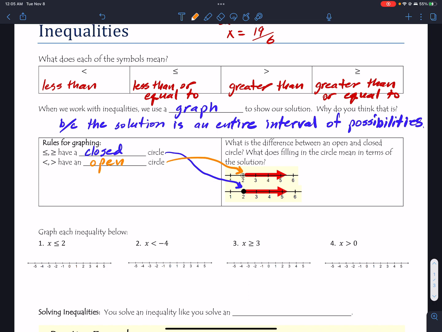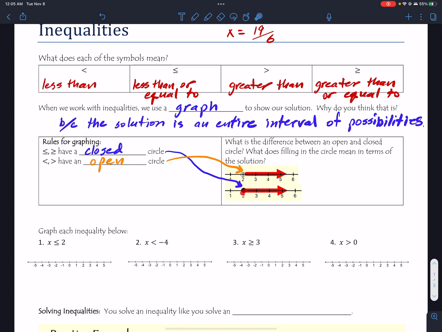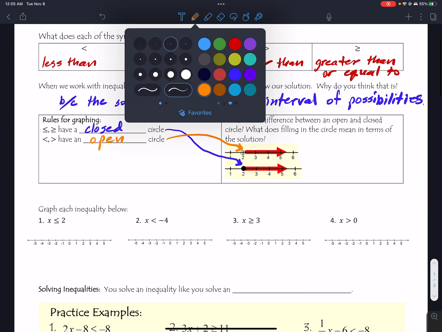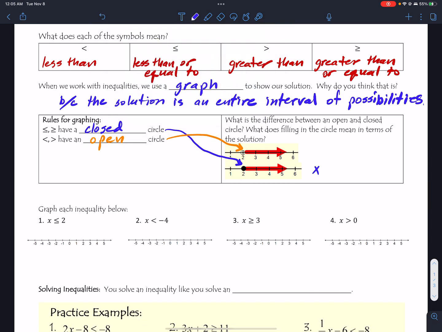What's the difference between an open dot and a closed dot? What does filling the circle mean in terms of the solution? If the dot is closed, that means our value can equal that number. So this one is saying x is greater than or equal to 2, whereas the one above is saying x is only greater than 2.